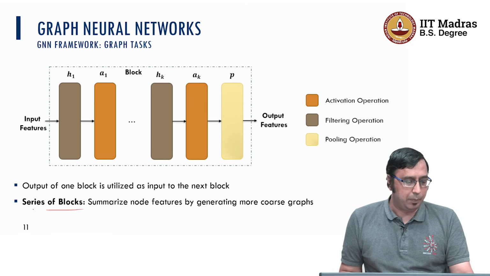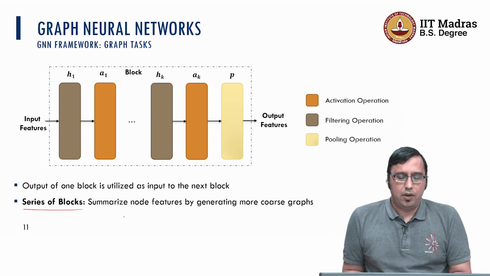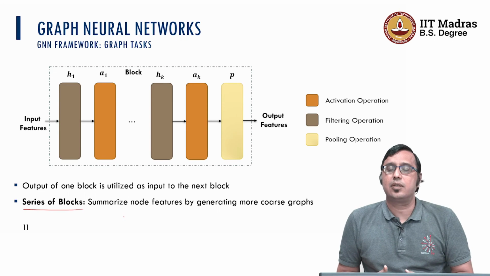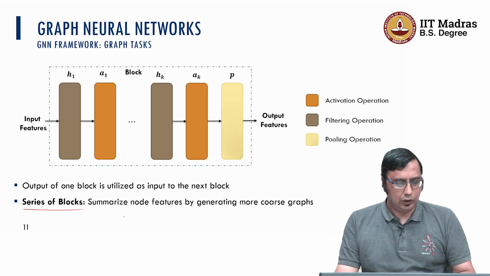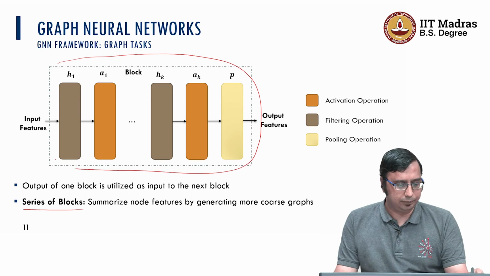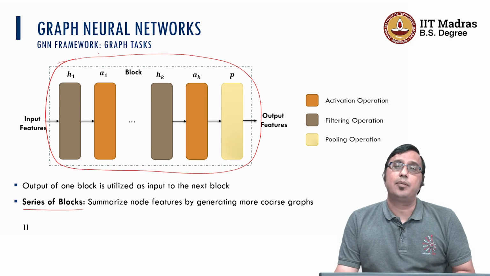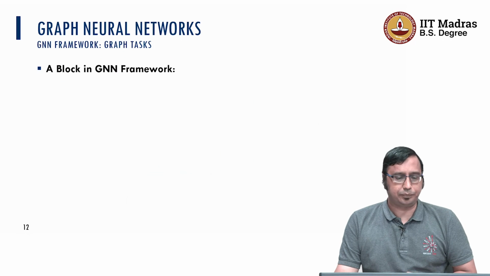A series of blocks is typically used in graph neural networks to summarize node features by generating more coarsened graphs and getting better and better learned features for a particular graph. So this is a particular block, and multiple blocks in such a manner will create a graph neural network.